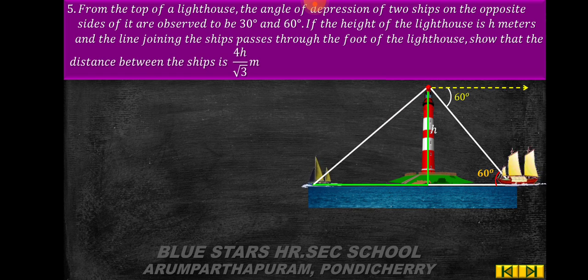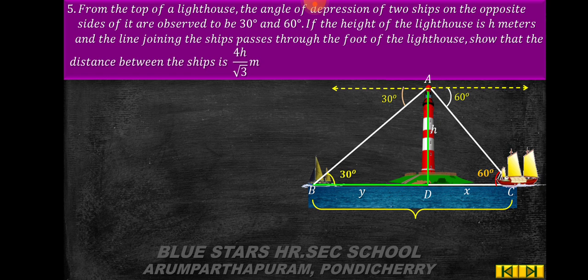Then join the line from the top of the lighthouse to the second ship. That angle of depression is 30 degrees. Then mark the points as A, B, C and D. We don't know the distance from the lighthouse to the first ship, so let it be x, and the distance from the lighthouse to the second ship is y. So the distance between the two ships is x plus y.